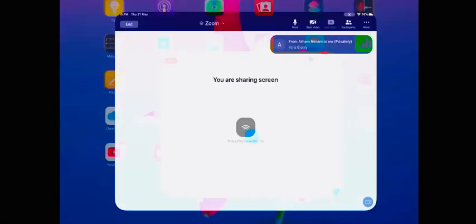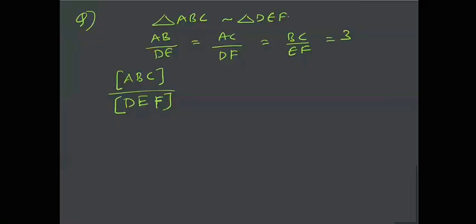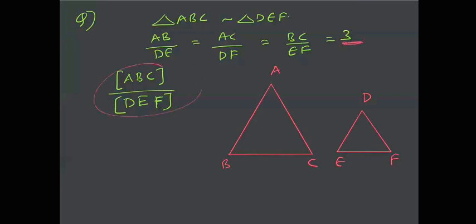Okay, so let us discuss this problem. We have two similar triangles, ABC and DEF, right? So this is ABC and this is DEF. It is given that the scaling factor for these two triangles is 3. We need to find the ratio of area. I know that the area of triangle ABC is half base BC times height.